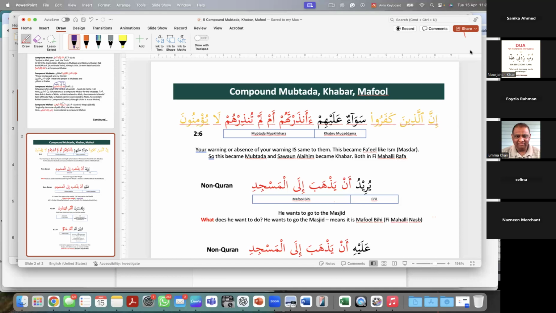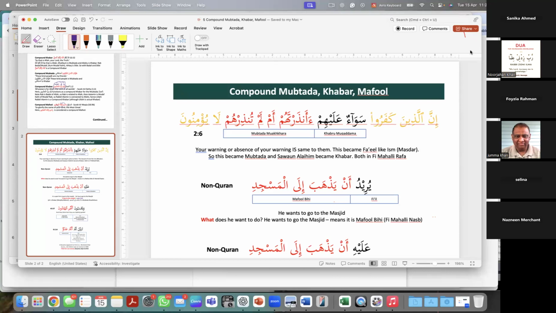Now, anzartahum am lam tunzirhum. If you understand this properly and take it to your heart, your understanding of compound structure will be very, very strong. By meaning, you have to do this. When am comes in a sentence in two places, it creates two options.